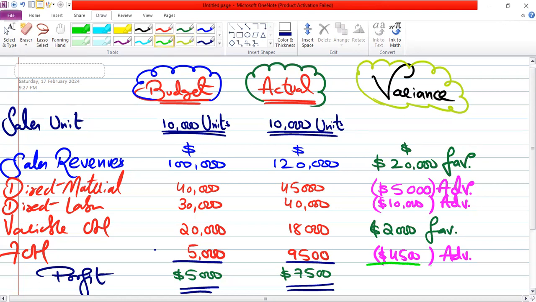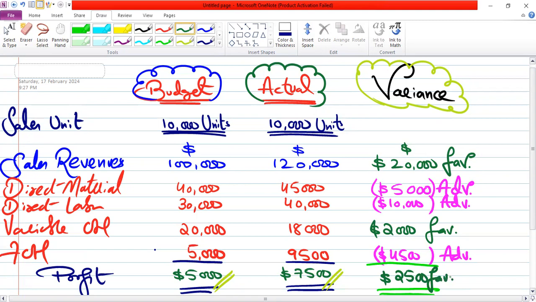Ultimately, if you compare these two, or you do all the maths here, the answer must be the same, right or wrong. The profit is increased. Expected profit was 5,000. Actual profit is 7,500. Subhanallah. I made a plus of 2,500. That is a favorable thing.